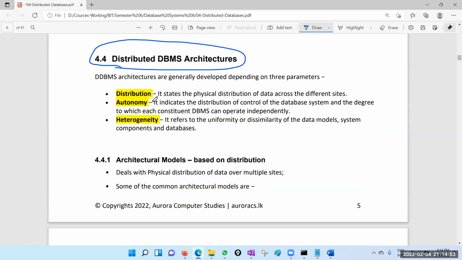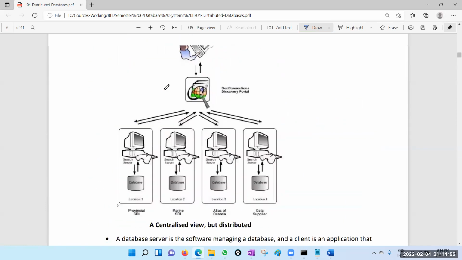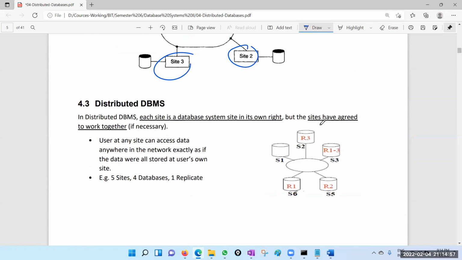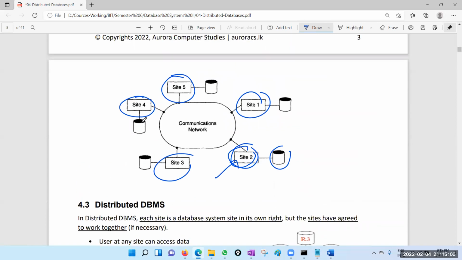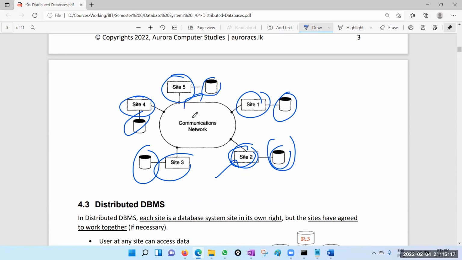Autonomy is whether the individual sites have independence. Can I use this database independently here, or only as a whole? Autonomy means we can use this database as part of the big database, as well as a single database. That is called autonomy.